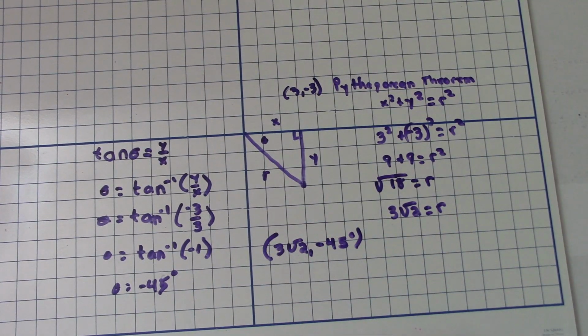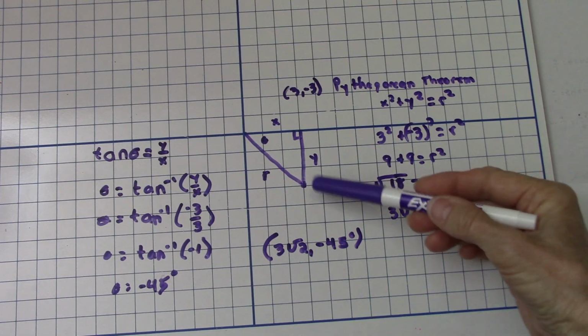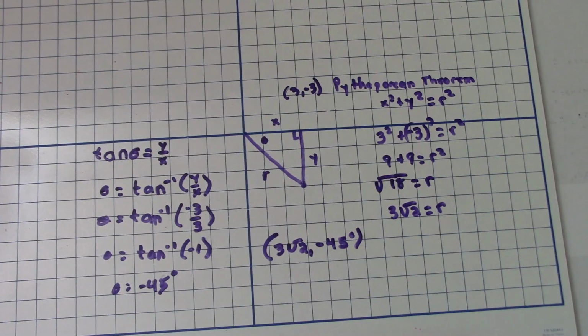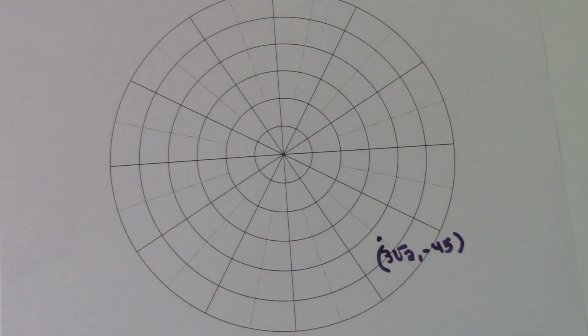Okay, but in the polar coordinates, that's not the only way I can write this. That's not the only set of directions, so to speak, that can give me this point right here. Now, let me go back and show you on the polar coordinate graph paper something that's really neat working with polar coordinates.